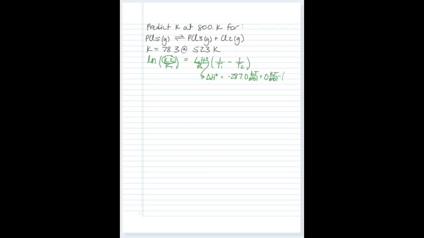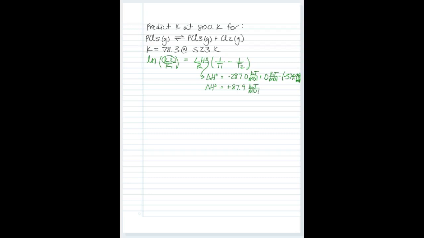And then I'm going to subtract the delta H of formation for PCl5, which is minus 374.9 kilojoules per mole. I'm running out of space here. Okay, that should give me delta H for this reaction, and that comes out to be plus 87.9 kilojoules per mole.